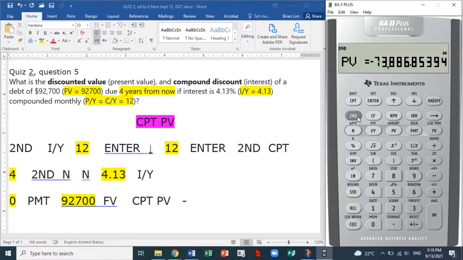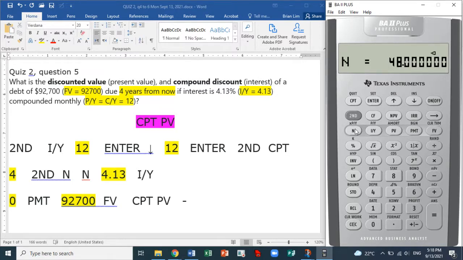So now our calculator. Okay, second IY, 12 for PY, and the arrow going down, and we can enter 12 again for CY, and we go second CPT, which is there we are, 4 second NN.